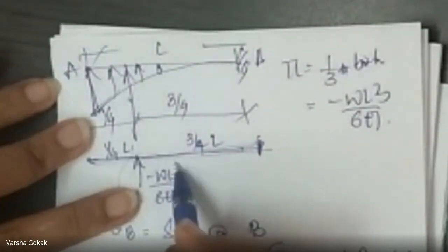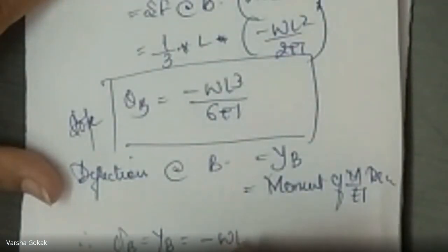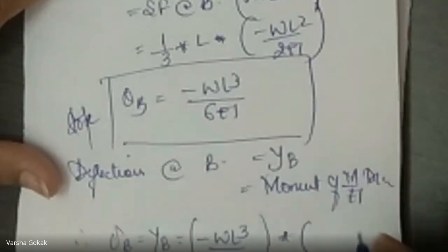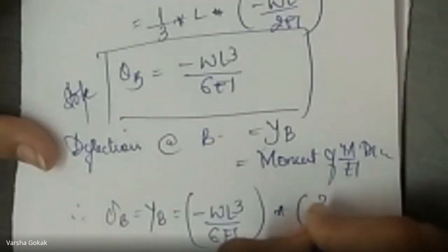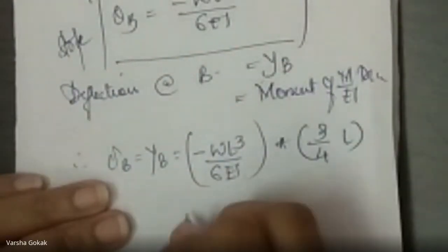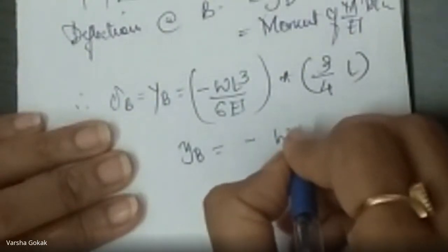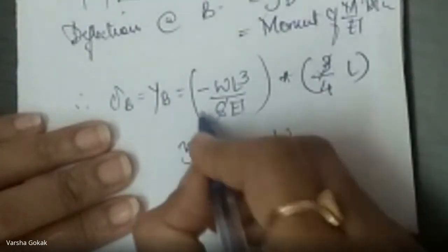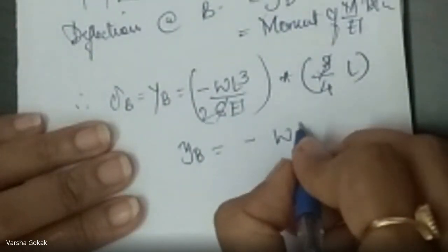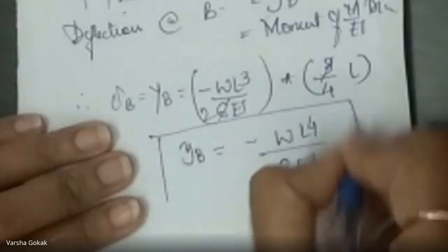This load is minus WL cube by 6EI. So load minus WL cube by 6EI into the corresponding perpendicular distance, that is 3/4 of L. Okay, so open the brackets. YB is now going to be equal to minus, this 3 goes with here, minus WL raised to 4 divided by 8EI.